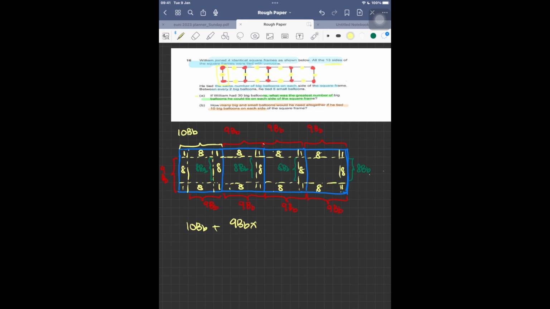So will be 8, bracket it, plus 8 big balloons times how many of them? I have 1, 2, 3, 4, times 4.